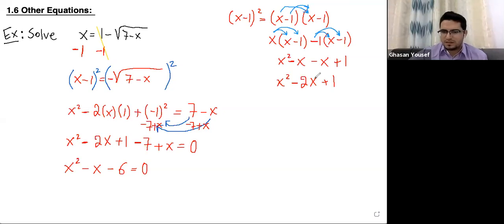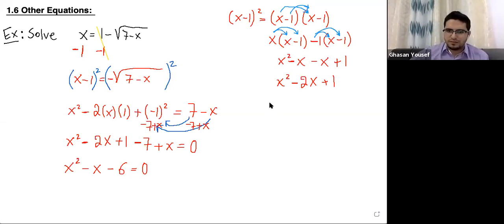Does it make sense, Ryan? So that's why here it is x squared minus 2x times 1 plus minus 1 squared. Or if we want to use a formula, I don't know if you saw the formula before.